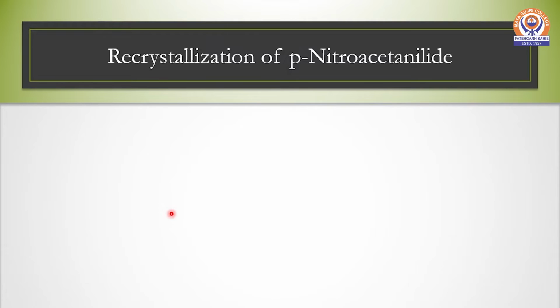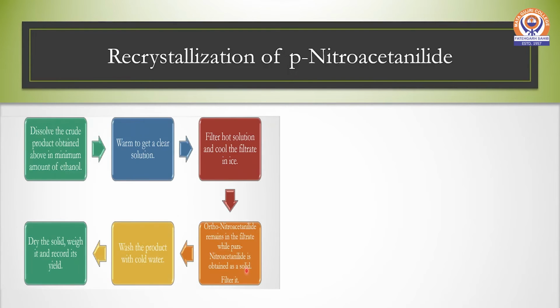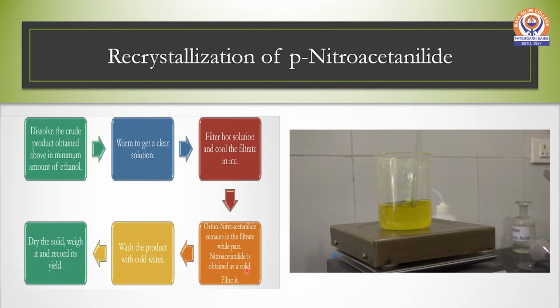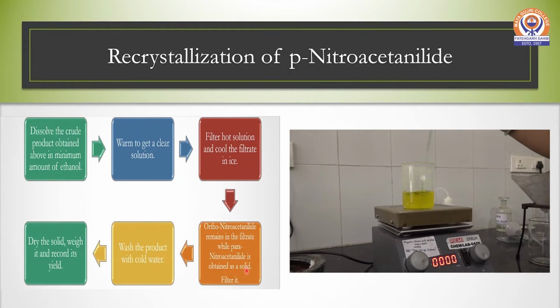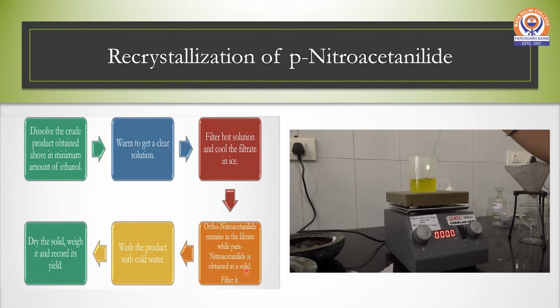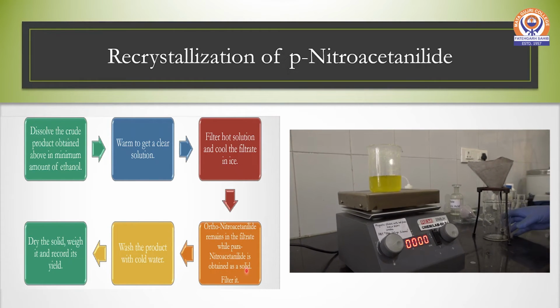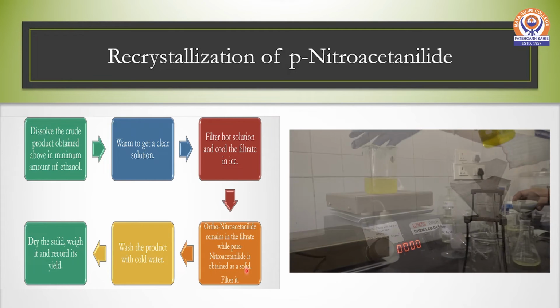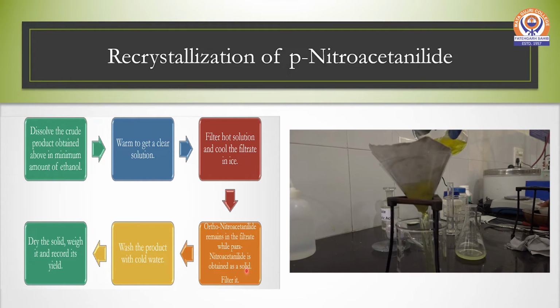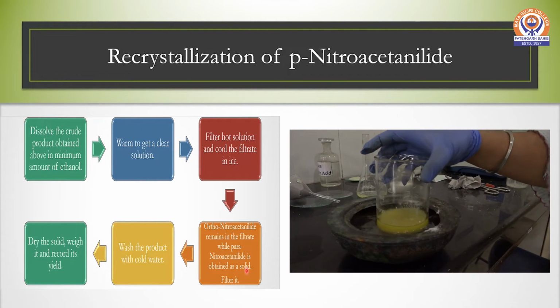As told earlier, the nitration leads to the formation of ortho as well as para products. So we need to obtain the para-nitroacetanilide. For that, we will be recrystallizing the synthesized compound. We'll dissolve the crude product obtained in the synthesis in a minimum amount of ethanol. We will warm this to get a clear solution. Then we'll filter the hot solution immediately and cool the filtrate in ice.